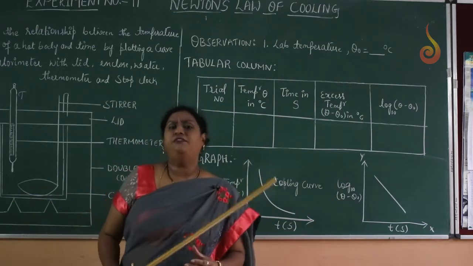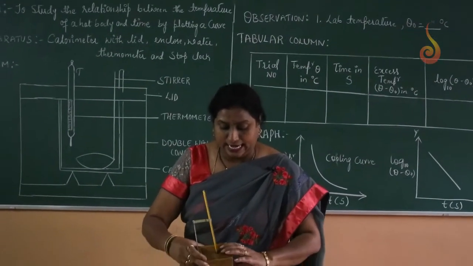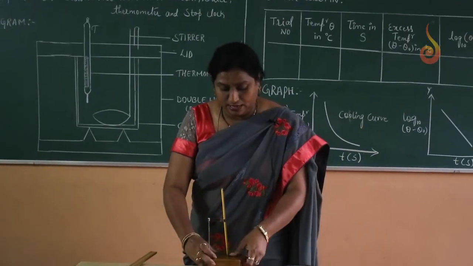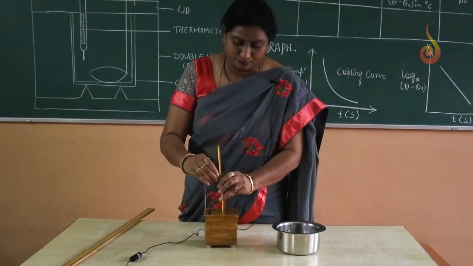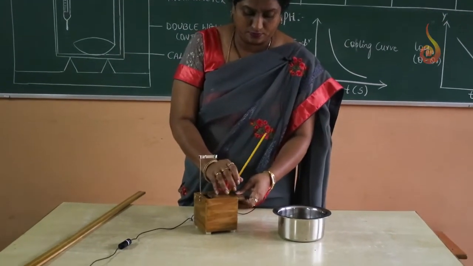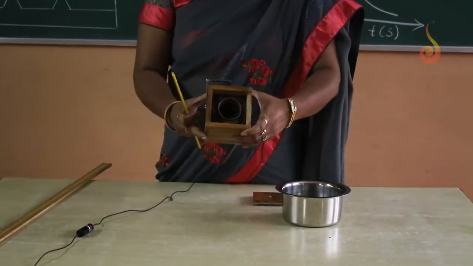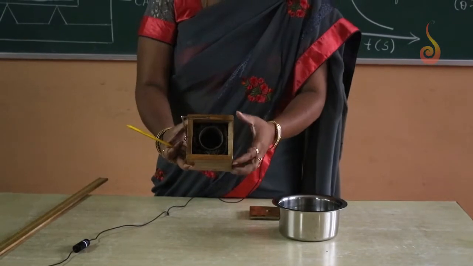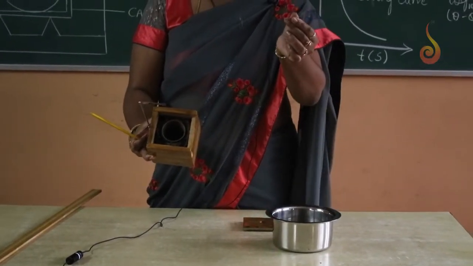So basically what are we doing in this experiment? See, this is the calorimeter. I'll open this. Inside this I have a cylindrical vessel which is made up of copper, and this is a stirrer.